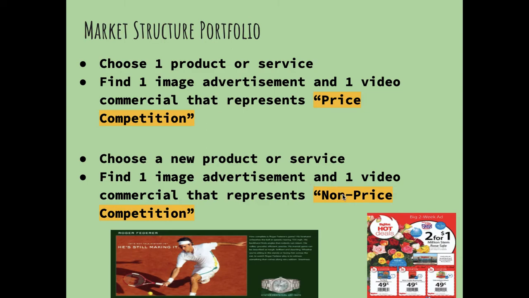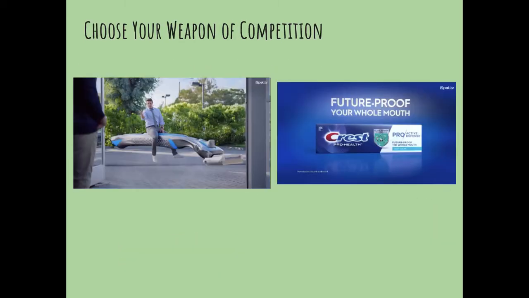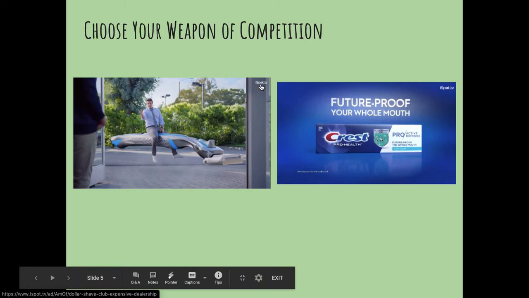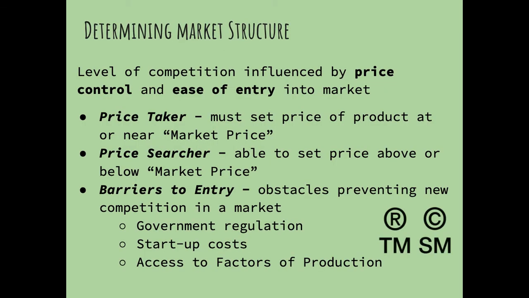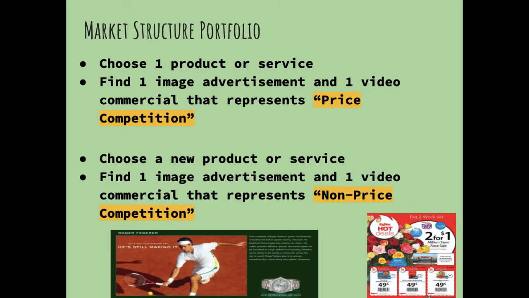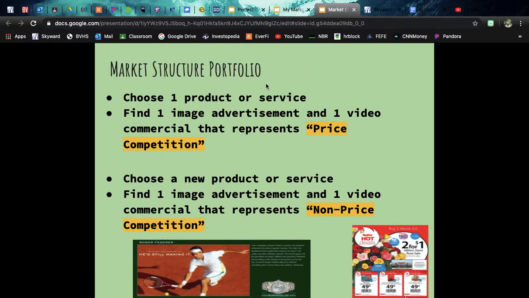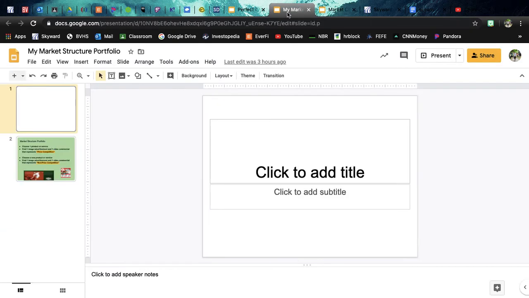And then you'll need a video commercial, kind of like these are, and you'll use iSpot.tv to find commercials, and those you can actually watch. It's not YouTube, that's blocked, so those will work for you. What you'll find on Google Classroom is this assignment, my market structure portfolio.